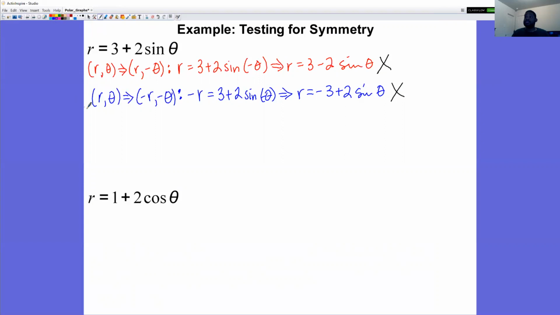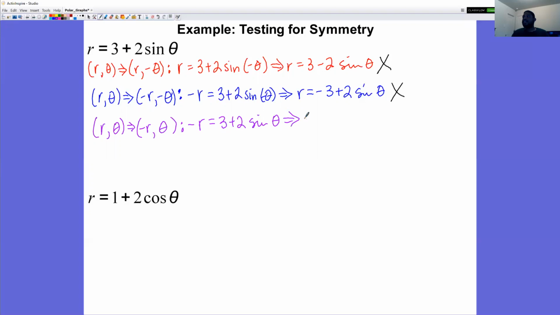Maybe it has symmetry with respect to the pole. So I'm just going to change my r to negative r and see what happens. So negative r equals 3 plus 2 sine theta.